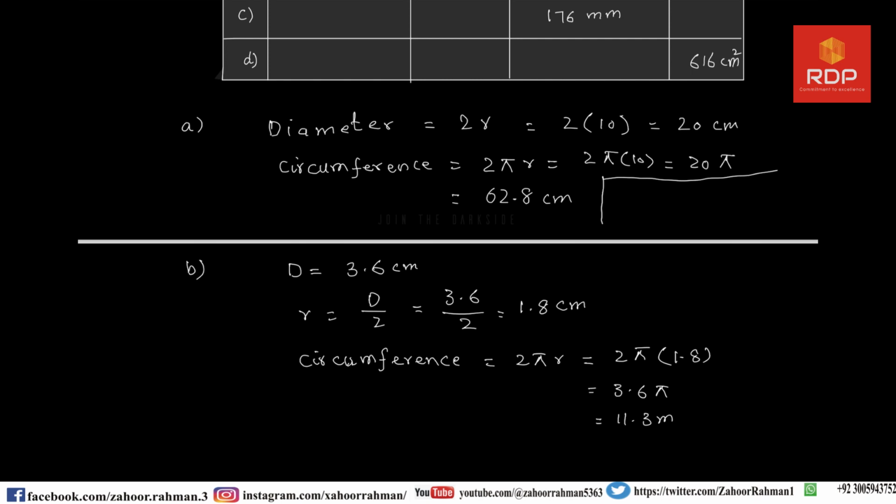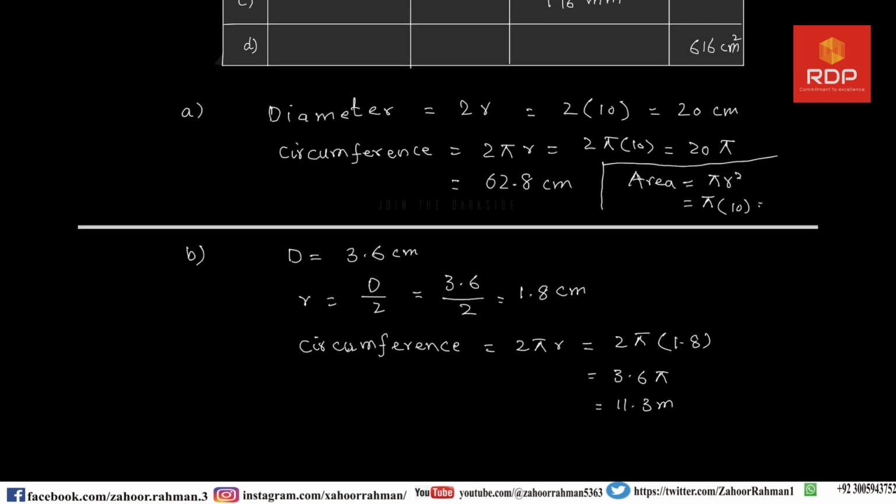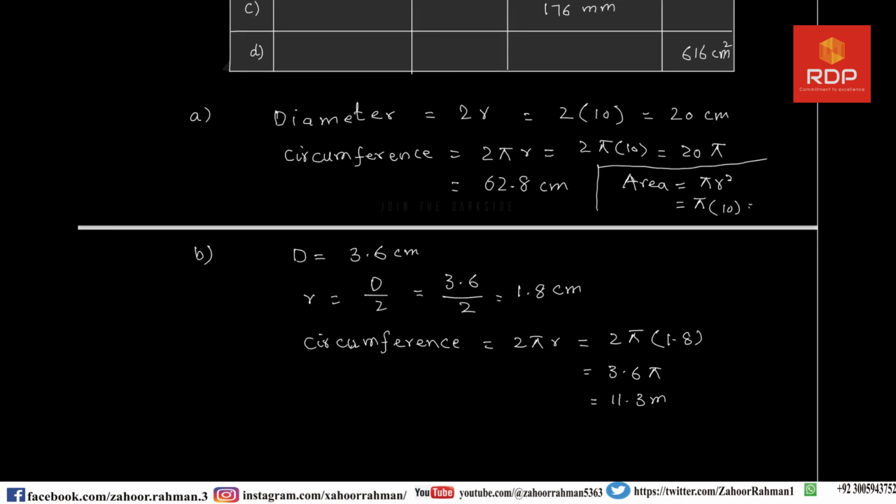Now in the first case we have not found the area, so area is equal to pi r square. So pi into r, and r is given to be 10, and there will be a square as well.